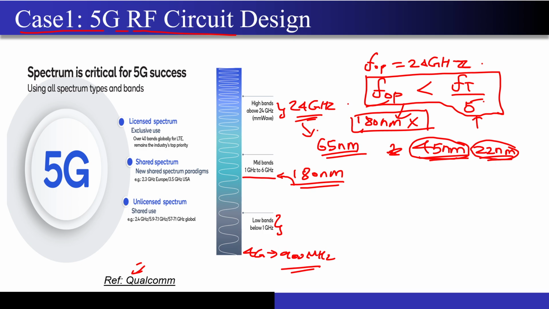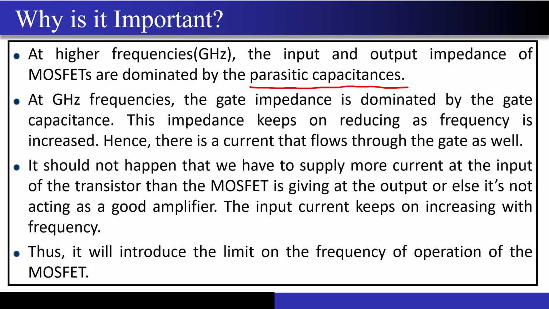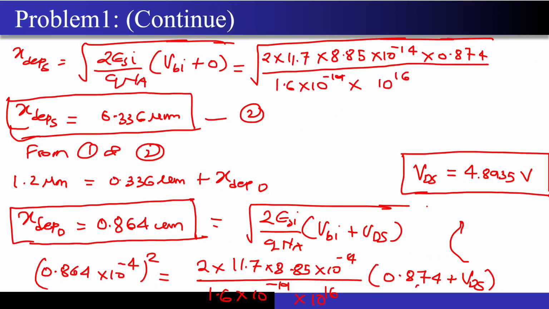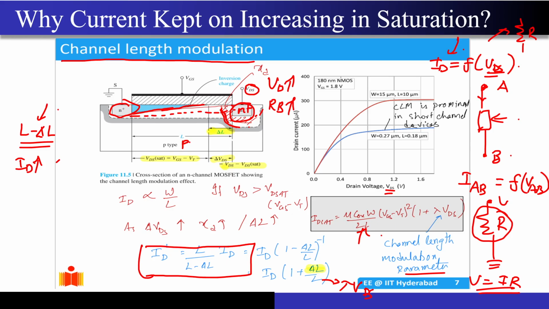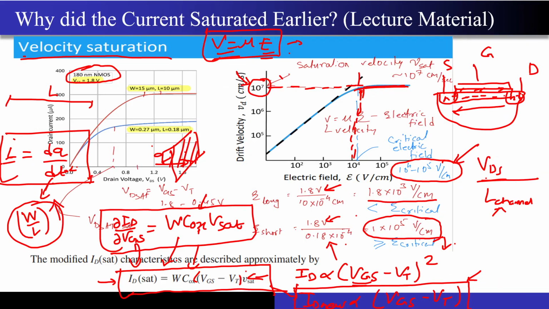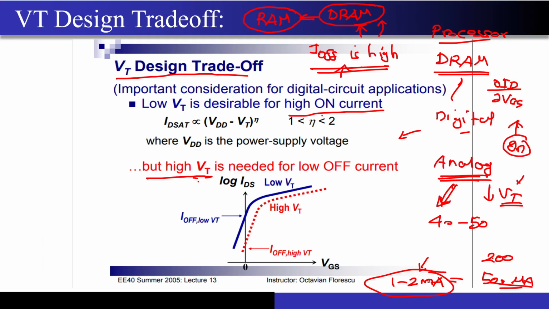Okay, great. Any doubts, any questions that you may have about what we have taken today? Any doubts in channel length modulation, velocity saturation phenomena? Any doubt in the concept of threshold voltage that we have seen?